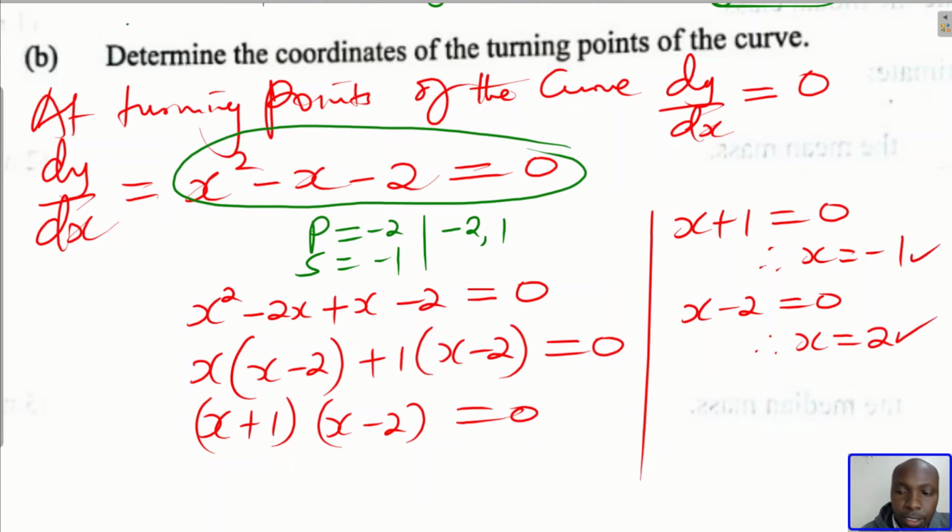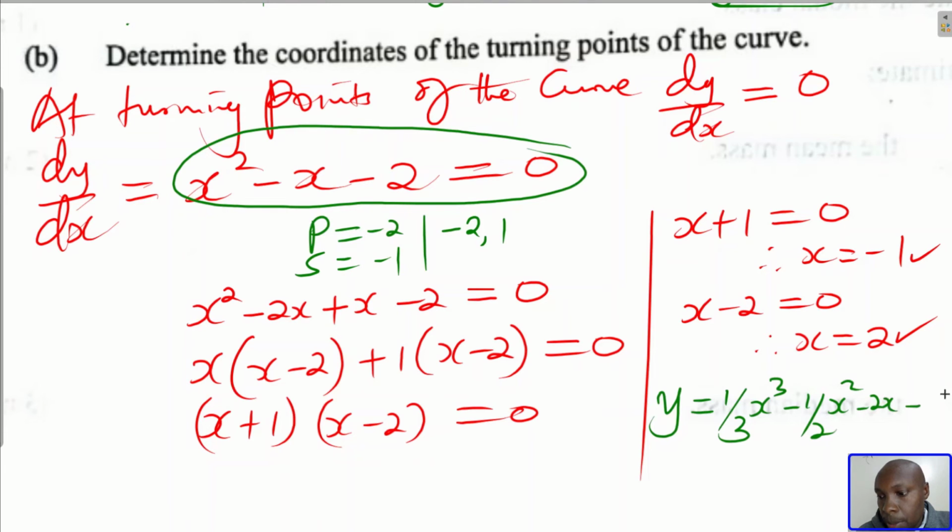That is the second x coordinate. Now those are not the points, those are just x coordinates. Now we should get the corresponding y coordinates, and to get the y coordinate we shall substitute these values in this function. So y is equal to a third x cubed minus a half x squared minus 2x minus 1.